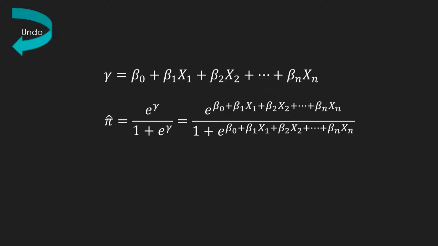The Logit transformation allows us to learn the relationship between the dependent variable and the predictors. The inverse of this transformation allows us to retrieve the probability of the binary response variable.